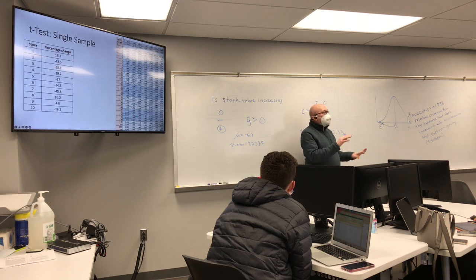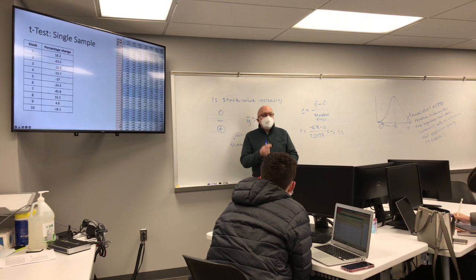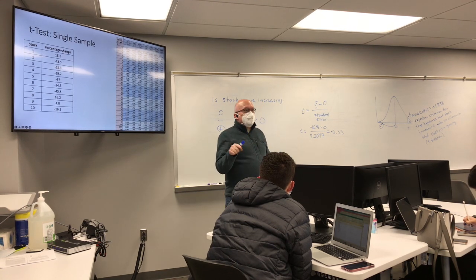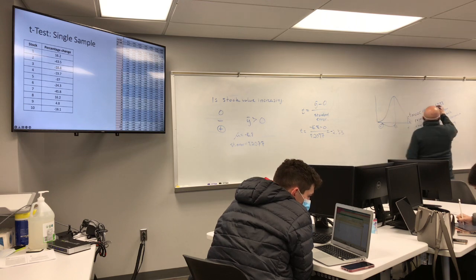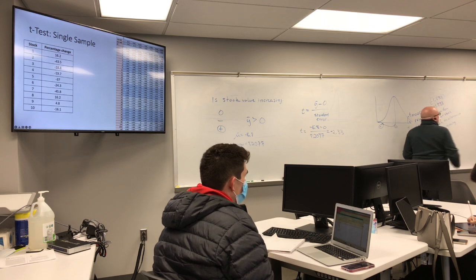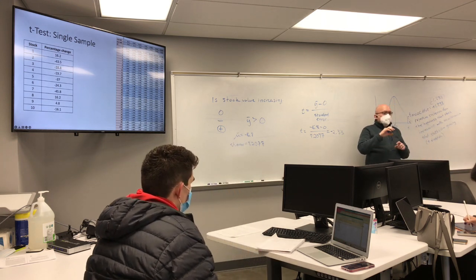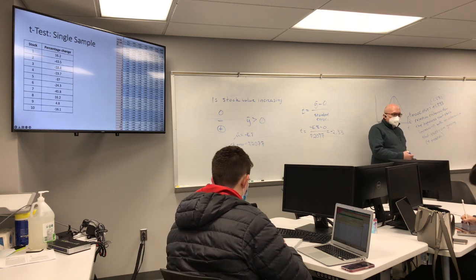So not only are they not greater than a change of 0, they're actually different from a change of 0, because the t-critical value is on the negative side, negative 1.833. These aren't just not increasing, they are significantly decreasing in value.